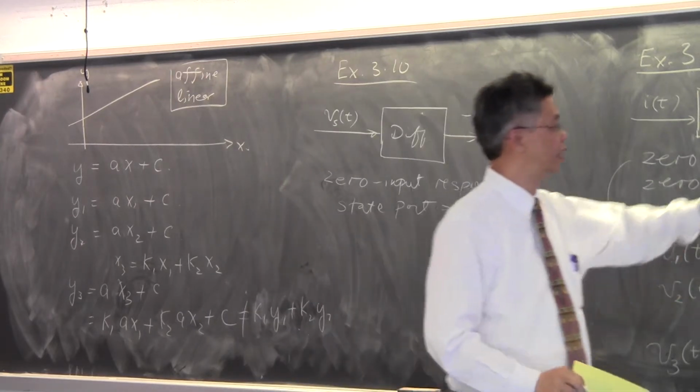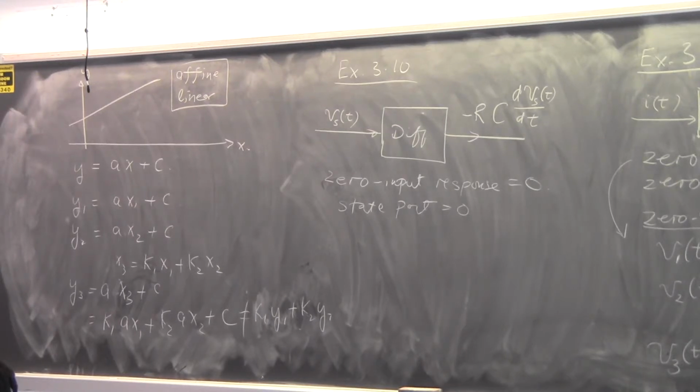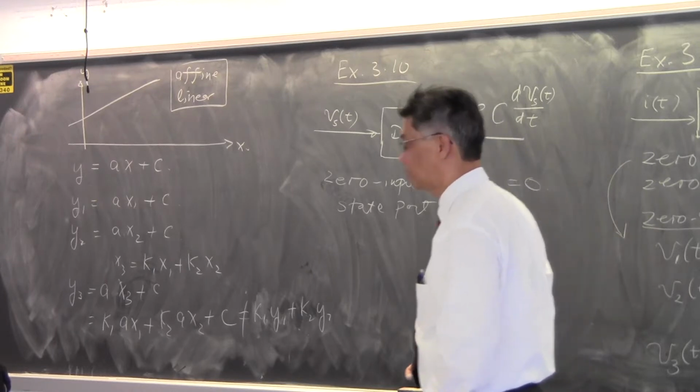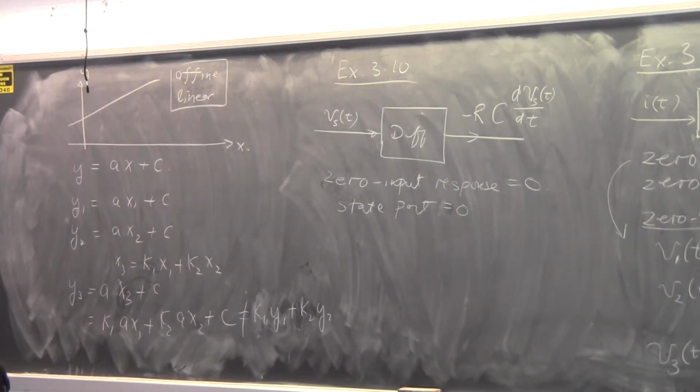If you look at this part of the system, it is equal to 0 because when there's no input, there's no output. So the state part must be 0. Okay, the state part is always 0. If I just look at the state part, the zero input response, it always has a 0 output irrespective of what you have for an input.